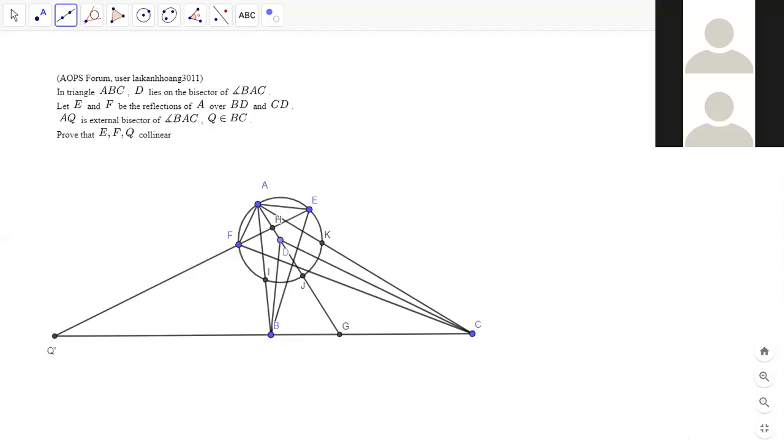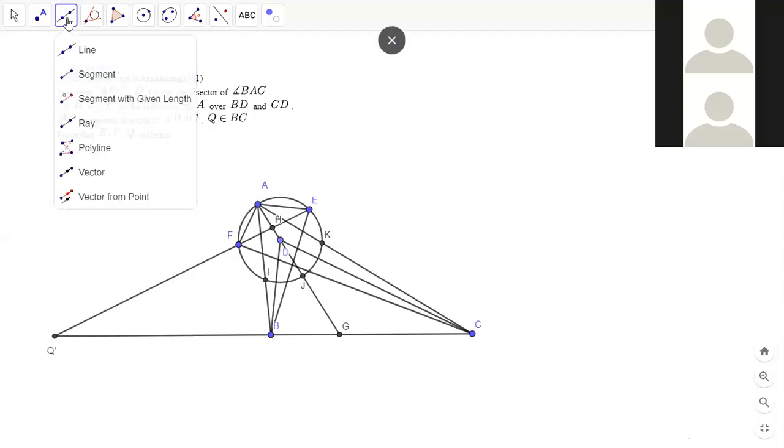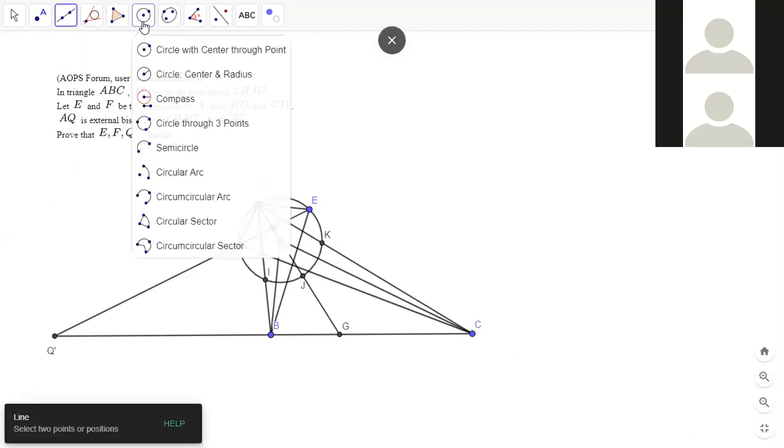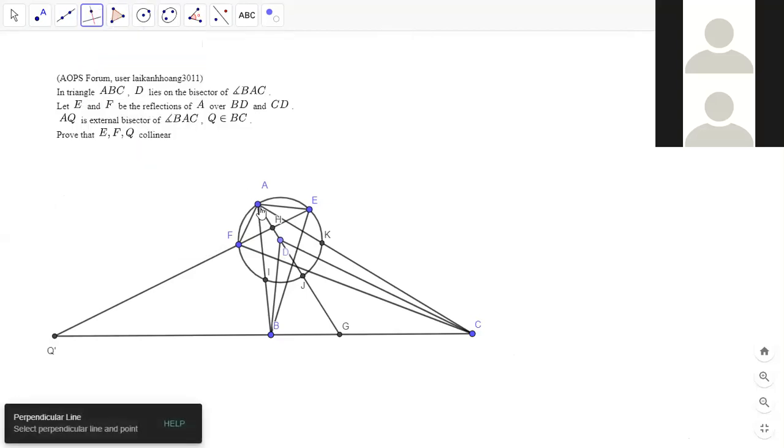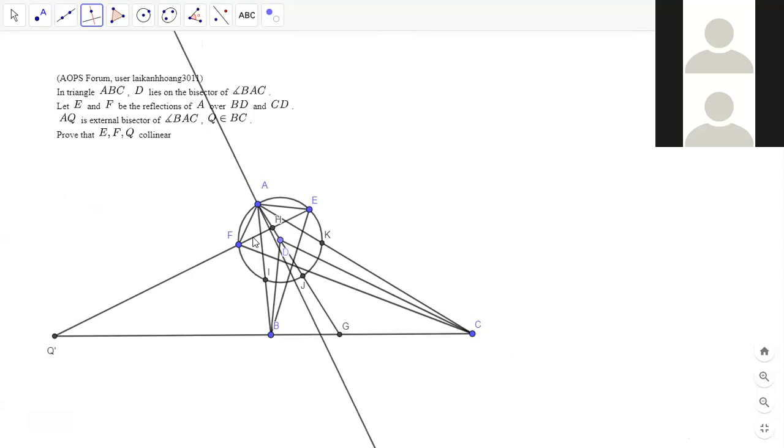I'll draw the perpendicular through A to EF, and it intersects the circle of AEF at a point. Through A and perpendicular to DQ. Oh, DQ. Interesting.